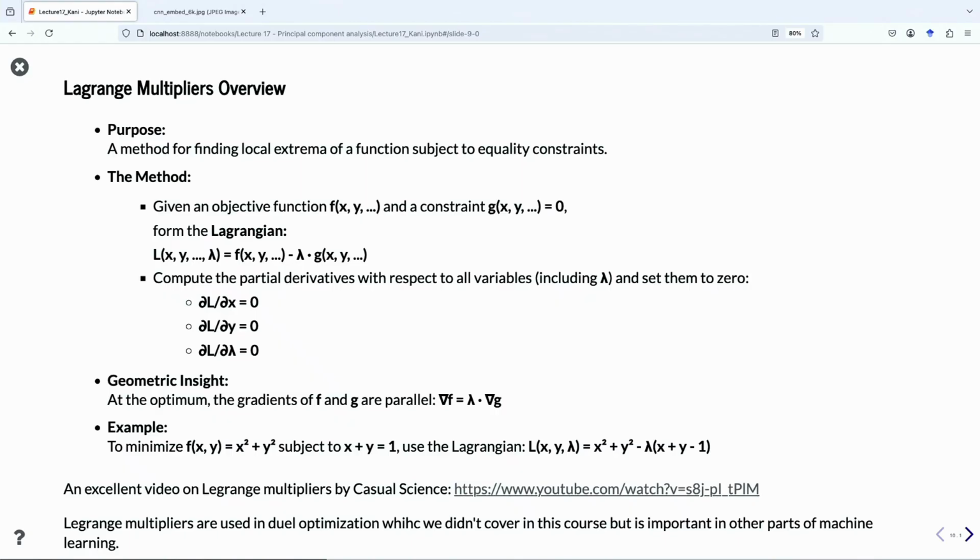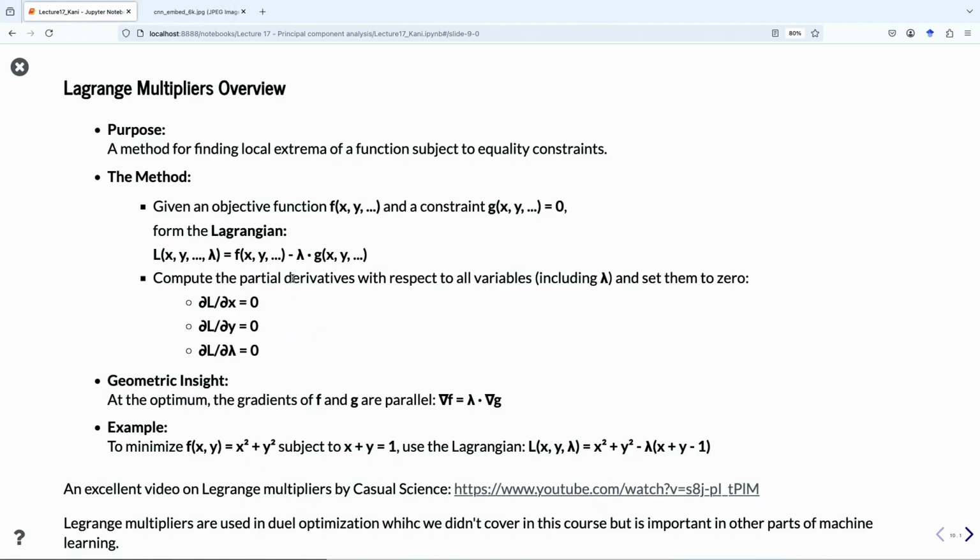So Lagrangian multipliers are simply the concept that you could basically put both the function you want to optimize and its constraint inside a single loss function and then optimize that. That's the idea. Okay, so basically with Lagrange multipliers, you develop this loss function that's simply the function that you want to optimize minus lambda.